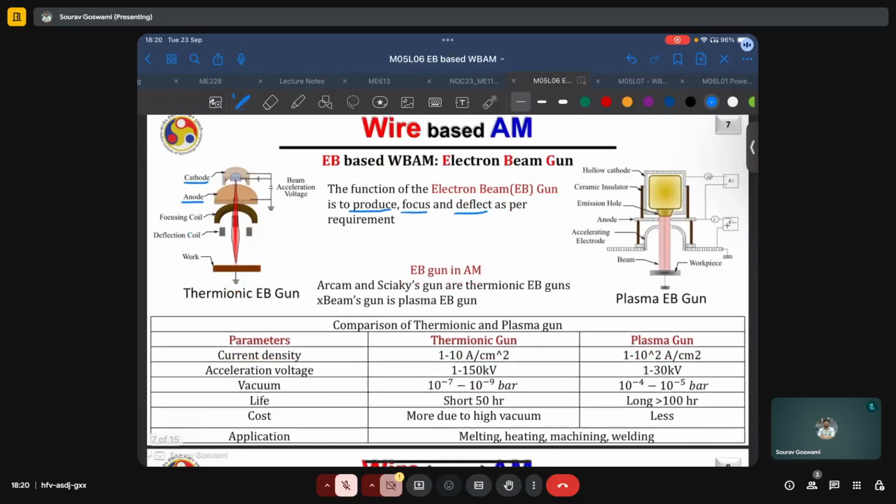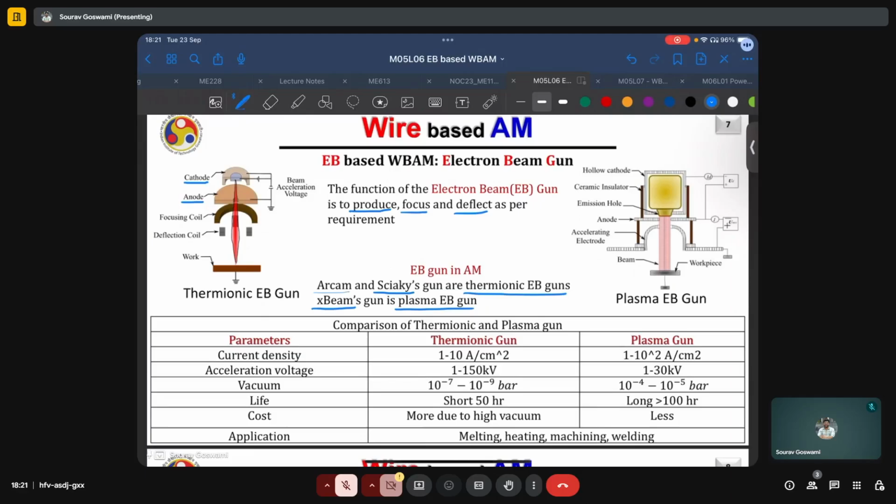The commercial systems produced by Arcam and Sciaky use thermionic guns, whereas the commercial system developed by Xbeam uses a plasma electron beam gun. And on the bottom here, we also have a useful comparison of the two types of technologies.